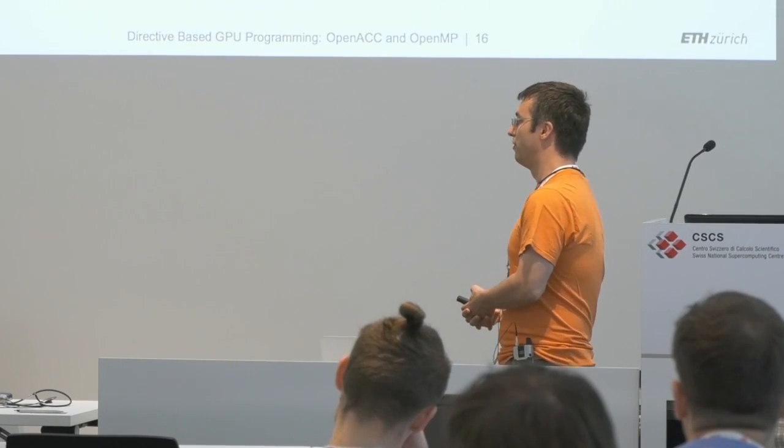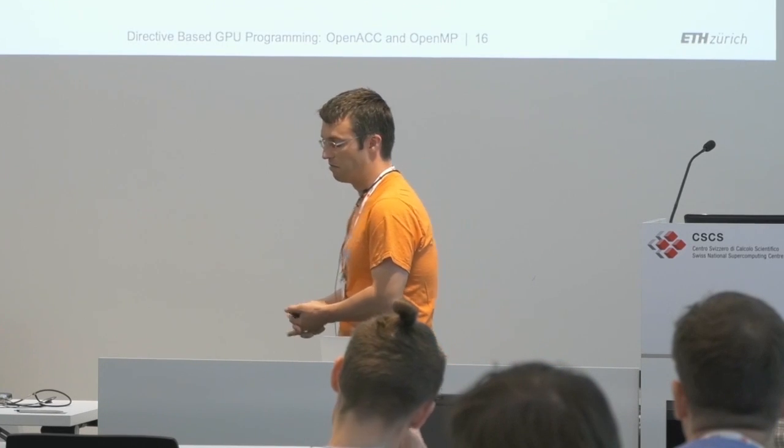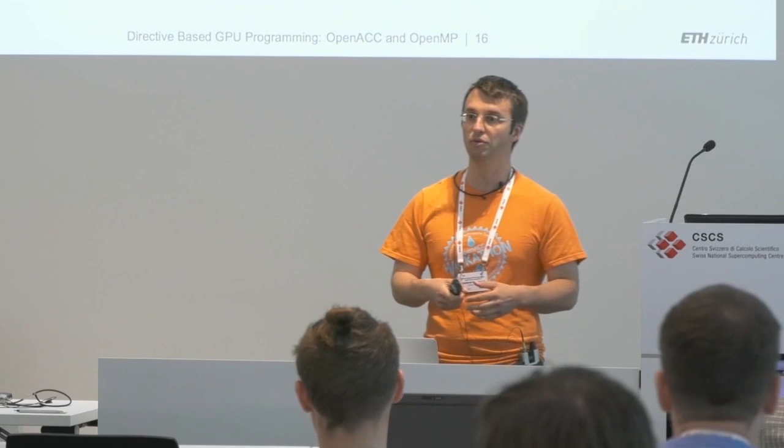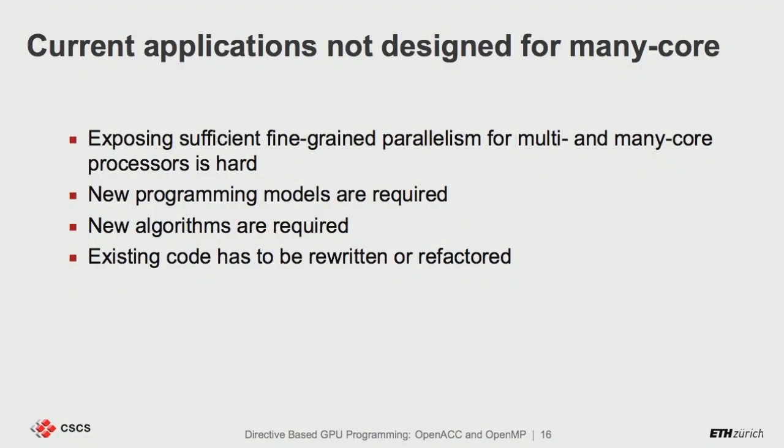Of course, we need new algorithms, because traditional algorithms may have been designed and tuned for the old programming models. Now we have so much parallelism that the older algorithms are becoming obsolete.